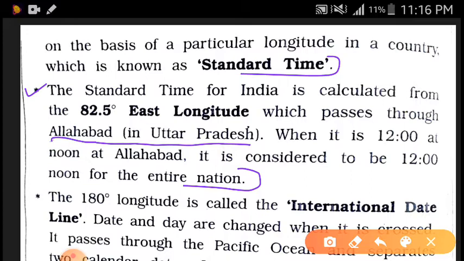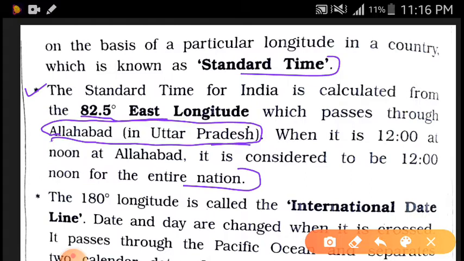India is a very vast country, and the different parts of the country, the states on the north side, south side, east side or west side, may have different longitudes. But the center of India, taken as Allahabad in Uttar Pradesh, which is at 82.5 degree east longitude, is taken as the center.